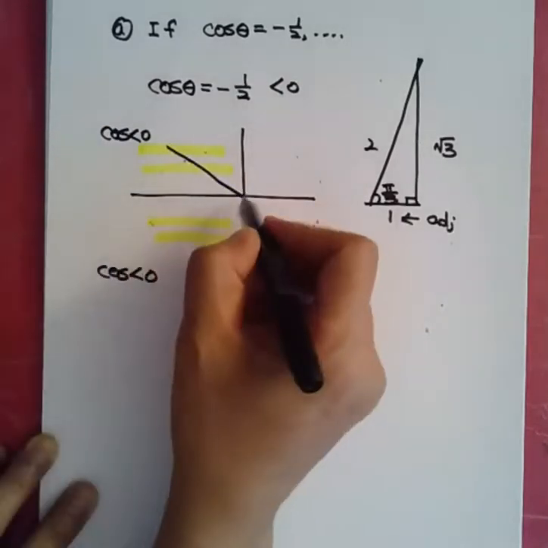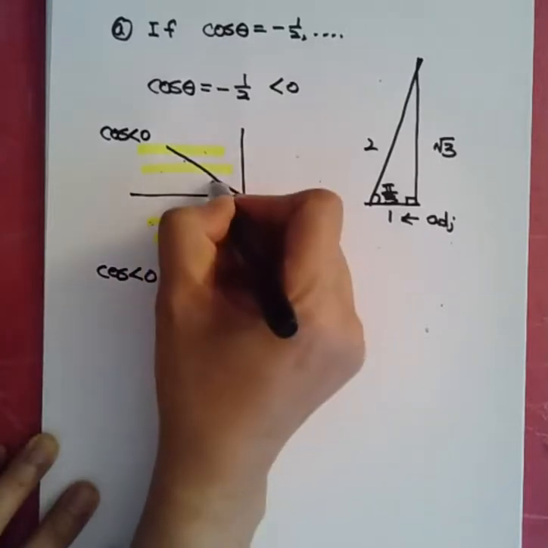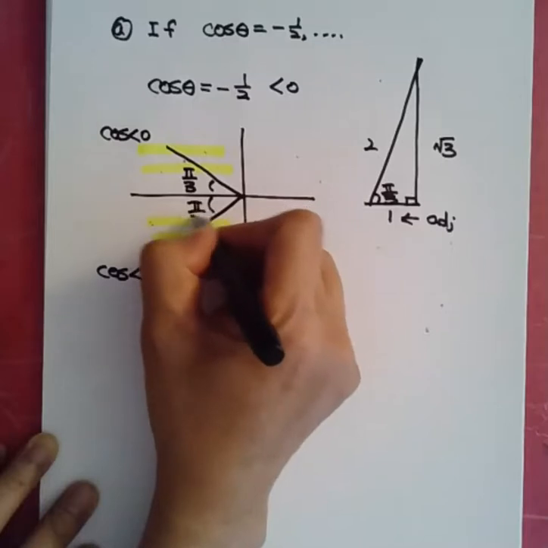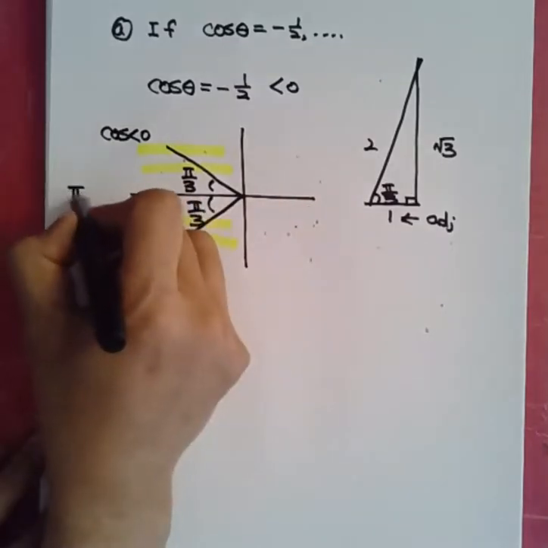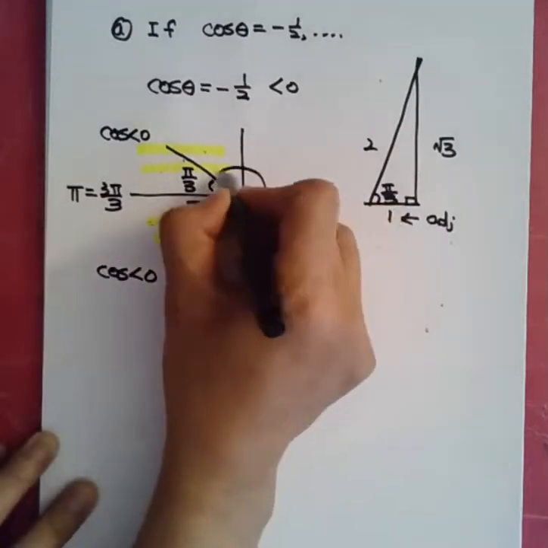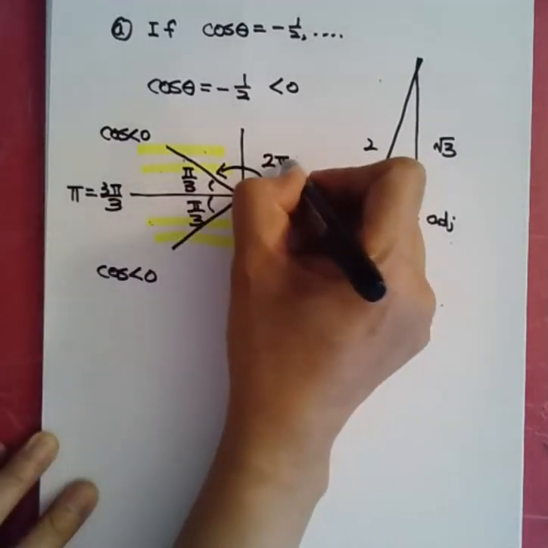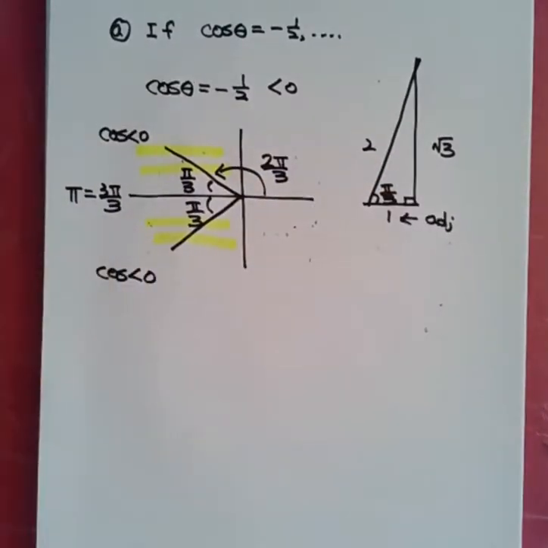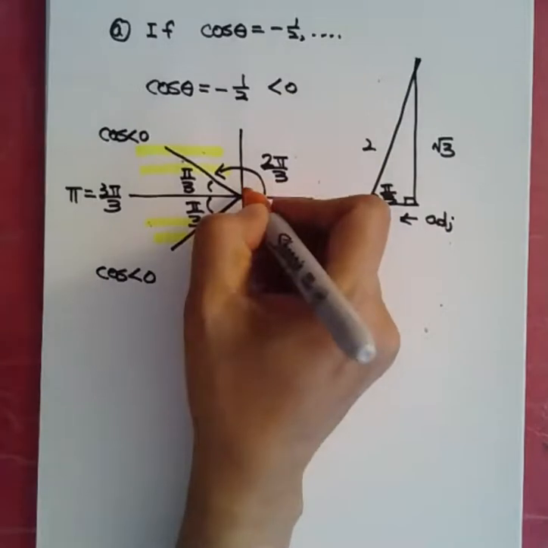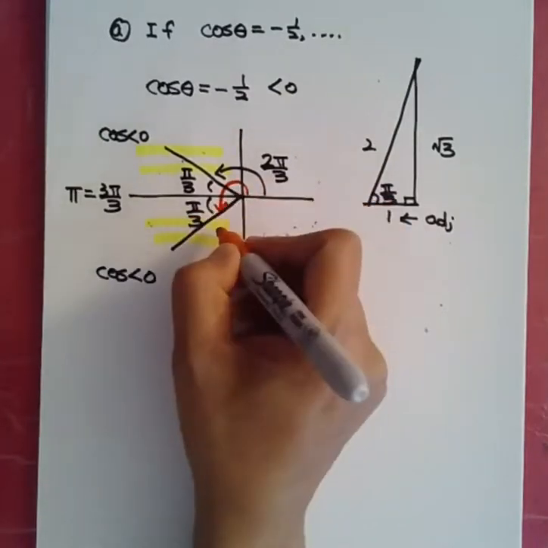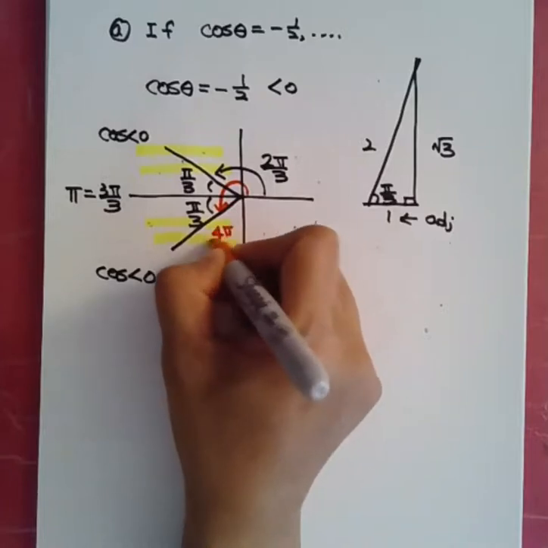Then we will locate the angle with reference angle pi over 3. So this angle is 2 pi over 3. And this angle is 4 pi over 3.